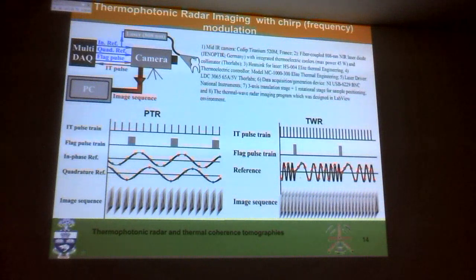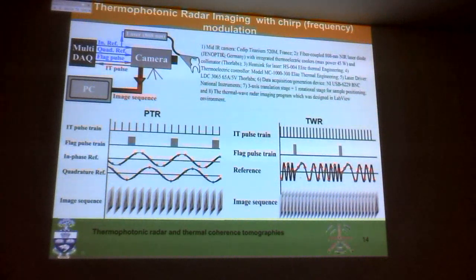The oversampling is the camera opens and closes and takes an image at a certain fraction of the period. So maybe at time t equals 0, at phase equals 0, at 90 degrees, or T over 4, at 180 degrees, T over 2, and 3T over 4. So it opens up 4 times over one period. And then, once you have that, you can reconstruct the wave.